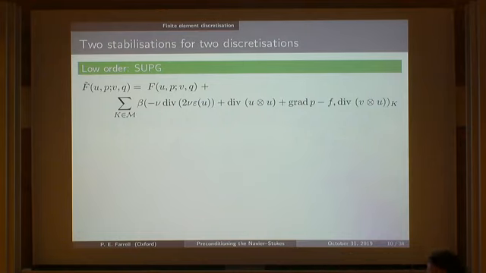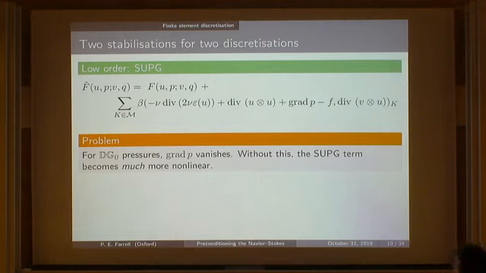And I don't really understand why, but even if you use LU, it becomes so nonlinear that you can't even solve it at Reynolds number 10. And I suspect the reason is that in the lower order case, this grad P on each cell is disappearing because P is piecewise constant, but it's not in the higher order case. And so what that means is that now you've introduced this whopping great coupling between the velocity and the pressure. And so I suspect that extra nonlinearity gives you a headache.